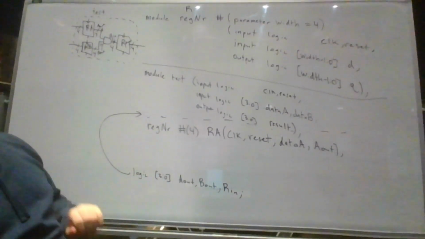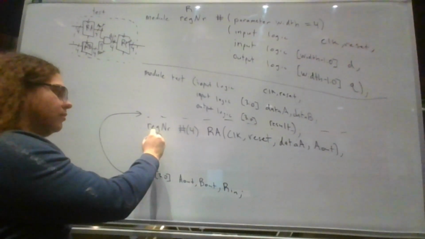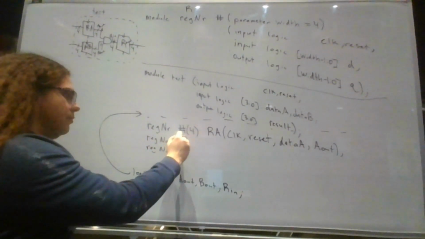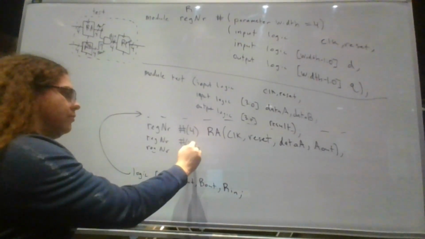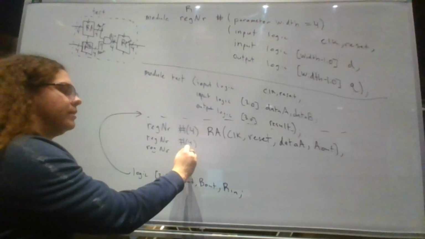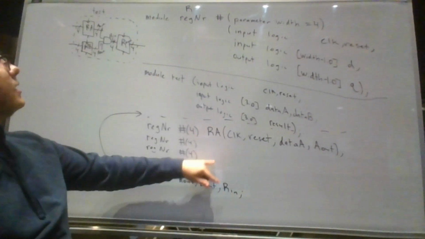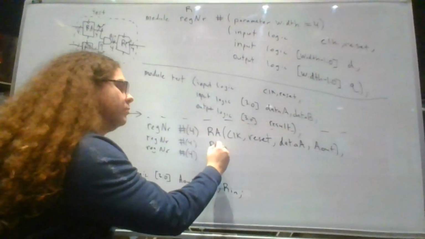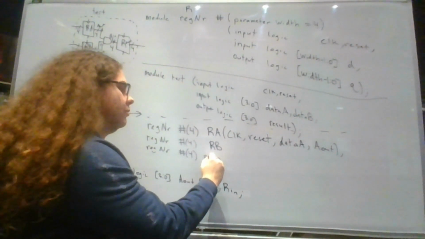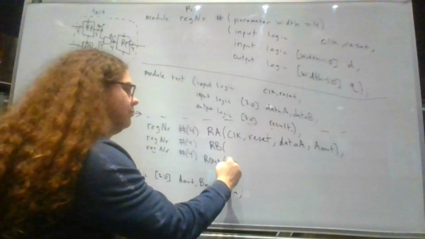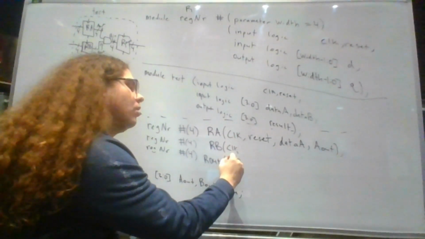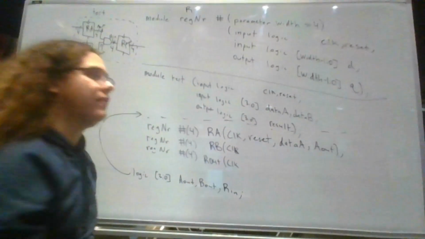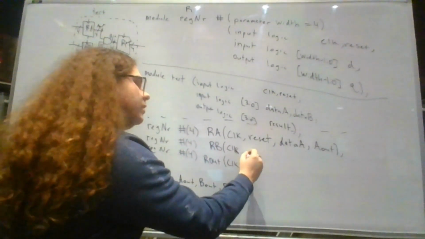As for the rest of these, the exact same start of my declaration occurs with a different instance name depending on which instance I'm doing. So this one will be RB, and this one will be ROut. It happens that all of these instances use the same clock, though they don't necessarily need to. It's just for this design they are. And same thing for the reset.